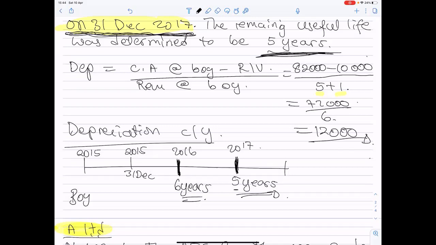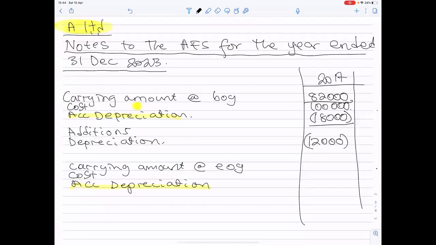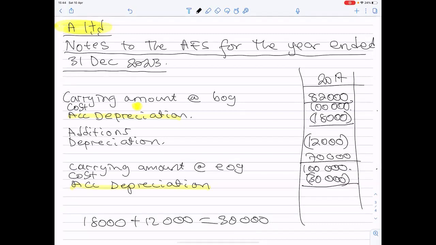So you put your 12,000 there. Cost is still 100,000. Accumulated depreciation will be 18,000 plus 12,000, that is 30,000. So 100,000 minus 30,000, we get 70,000.